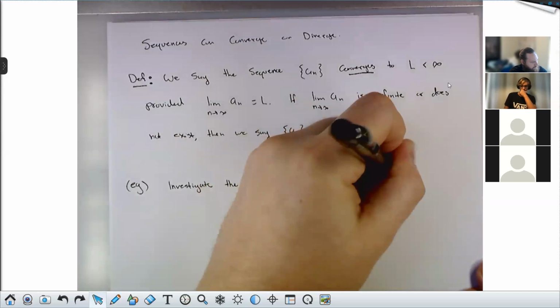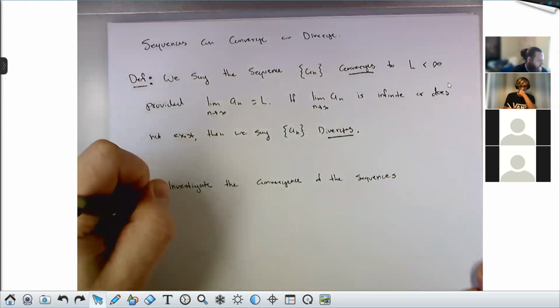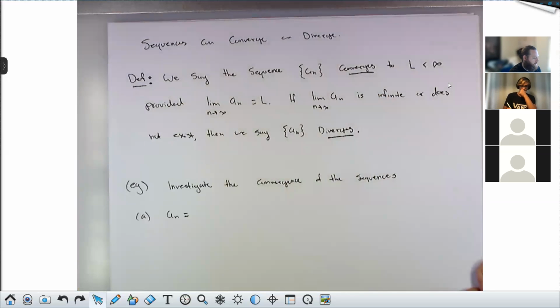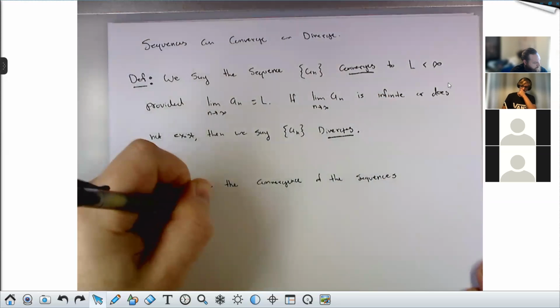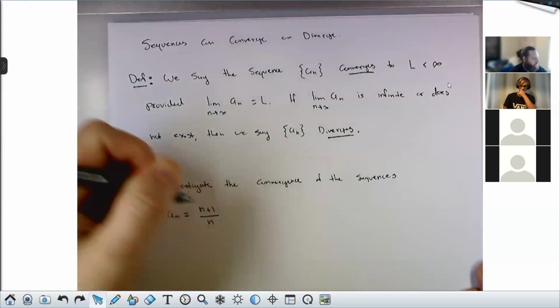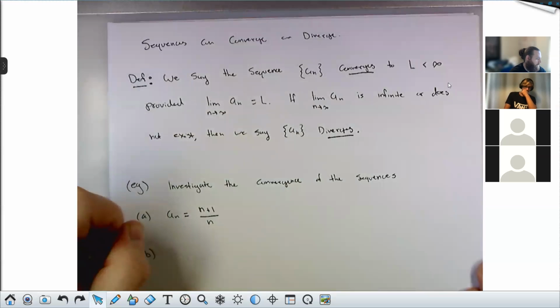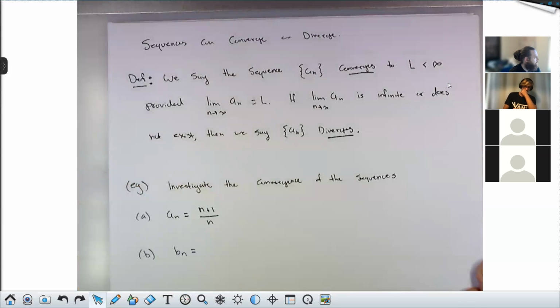Our sequence is, we'll start by saying just a formula for the nth term. a_n is, well, let's start with the one that we already did some work for, (n+1)/n. So d_n.